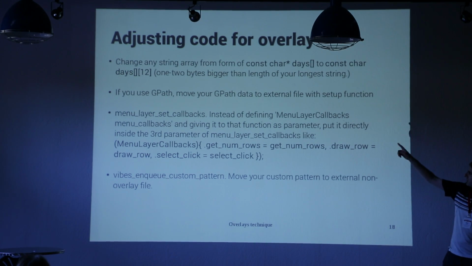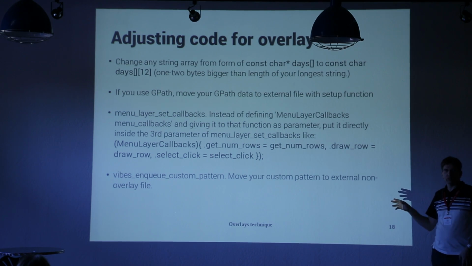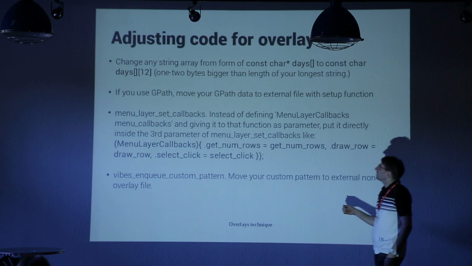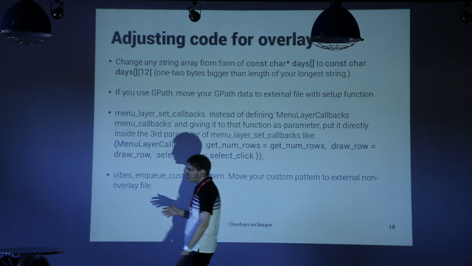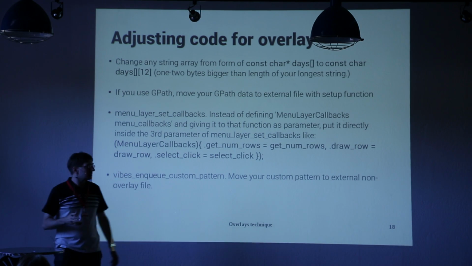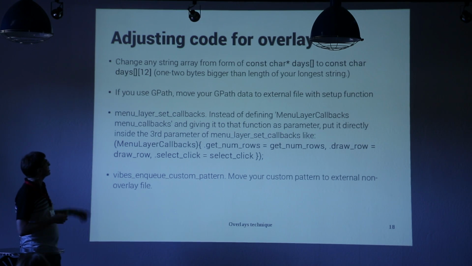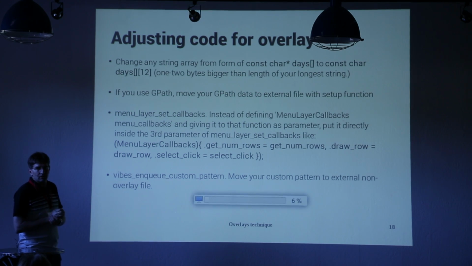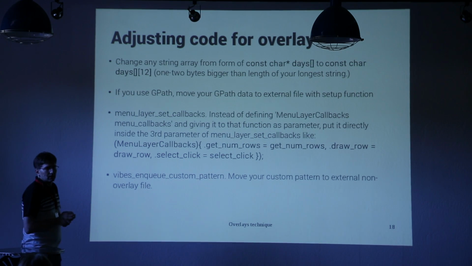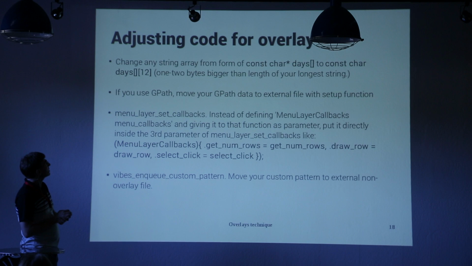So those are four types of issues that we found that, if you have them in your code, you have to fix. The first one is the most common because everybody uses a string. So you actually have to make sure that each one of your strings is defined by its exact size, and you can't leave it.